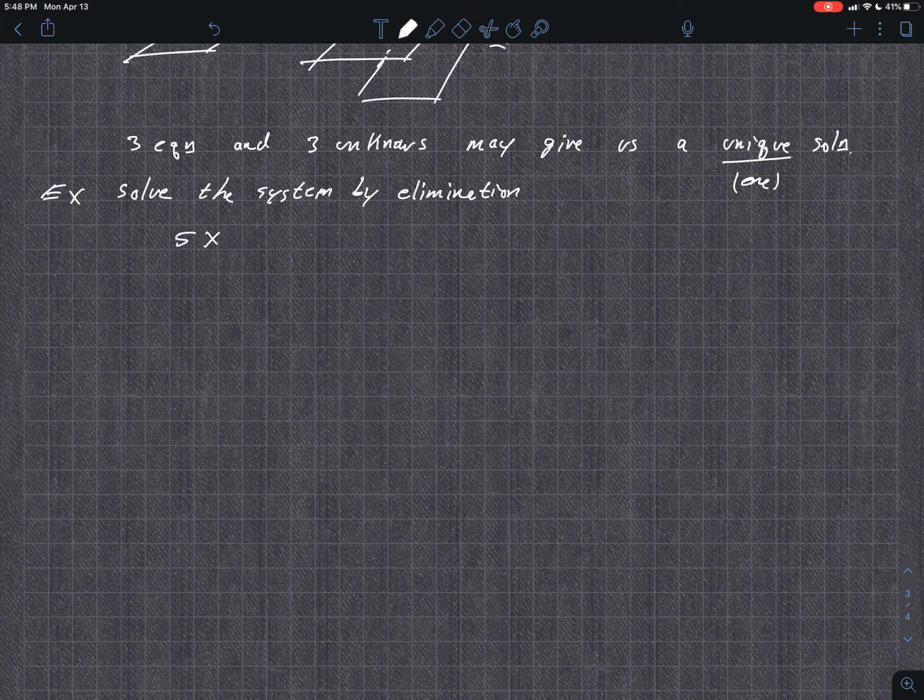So the system is 5x equal to 2y minus 3z minus 3, 4y equal to negative 1 minus 10x minus 5z, and 2z equal to 5x minus 6y. So that's my system.